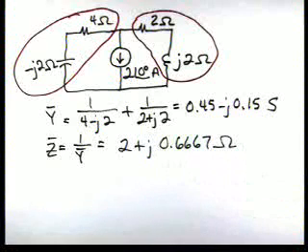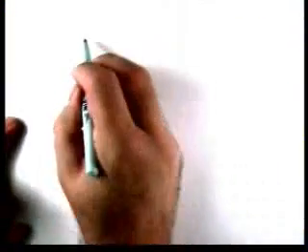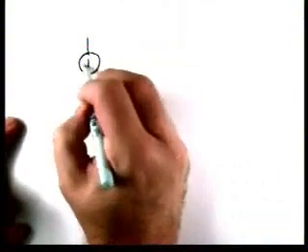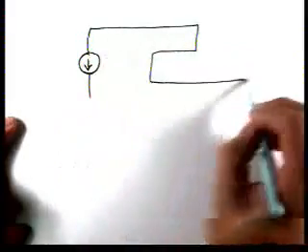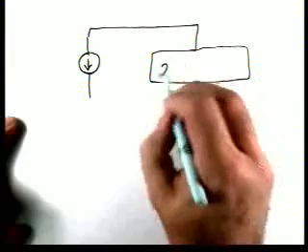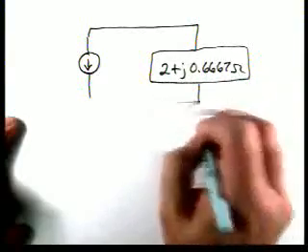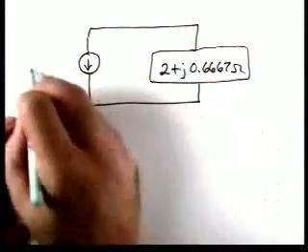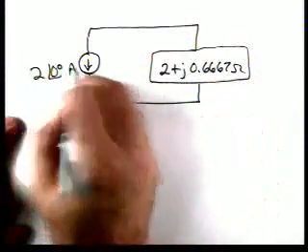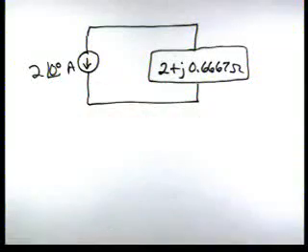So now our circuit has been reduced to the following. And now I'm going to calculate the voltage Vs here.